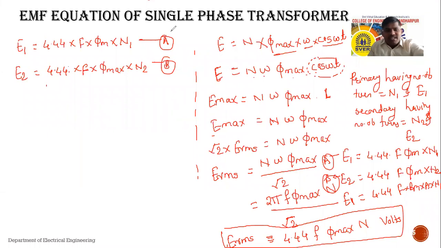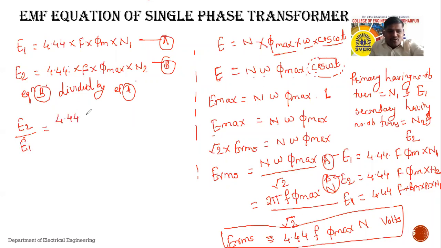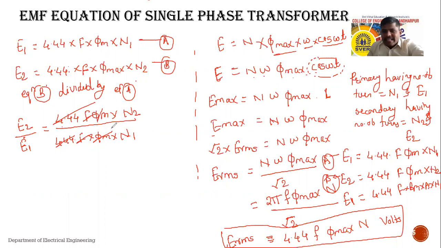So take the ratio of these two equations, equation B divided by equation A. So E2 divided by E1 on the left hand side is equal to 4.44 f phi m into N2 divided by 4.44 f phi m into N1. So 4.44 f phi m get cancelled.